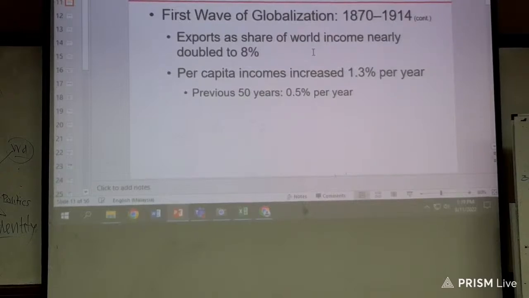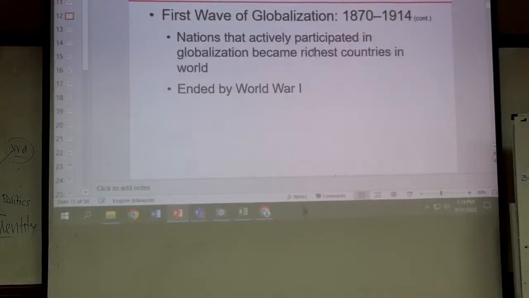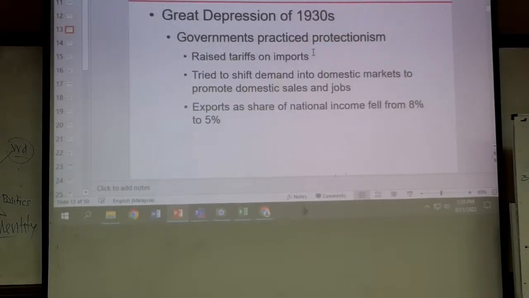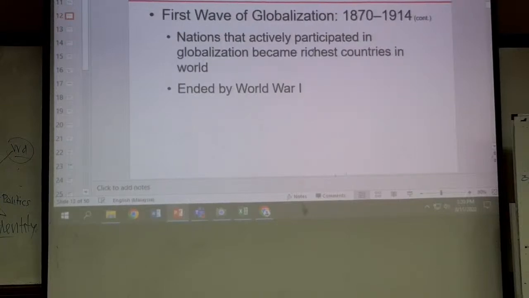Per capita incomes increased because of this globalization. Nations that actively participated in globalization became rich countries today. In 1914, World War I ended this globalization. It stopped because of World War I.